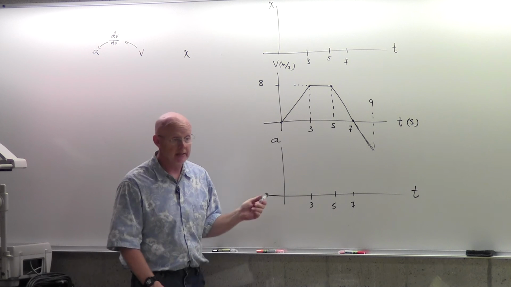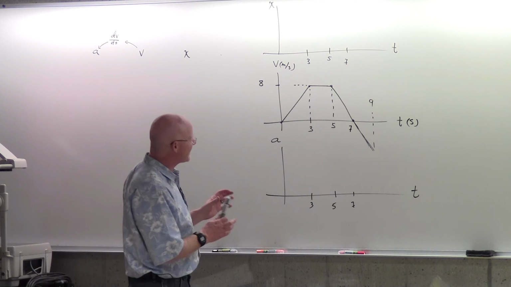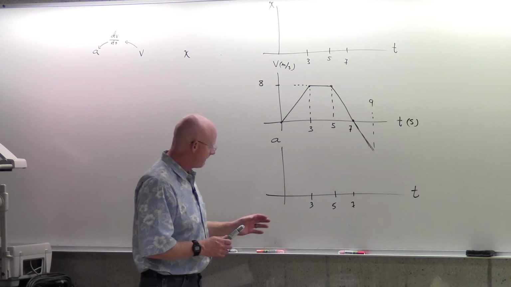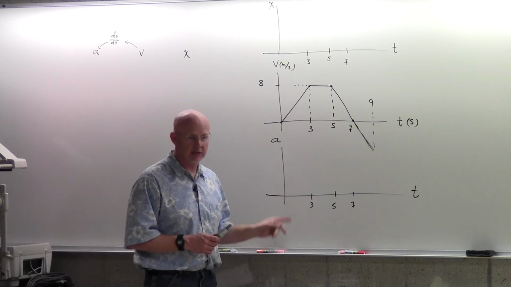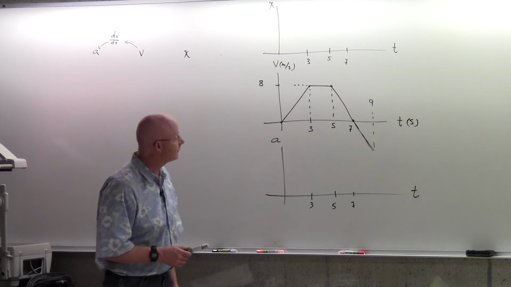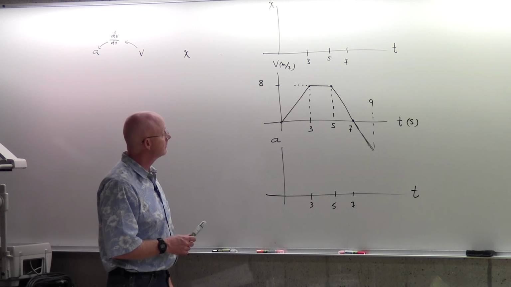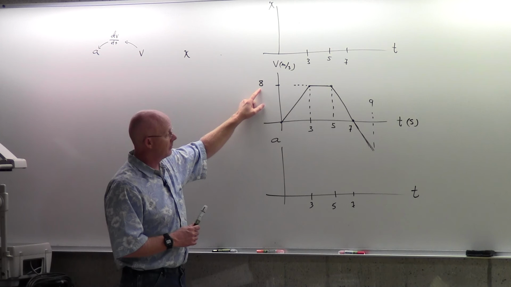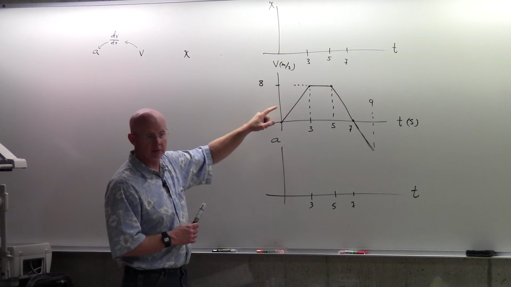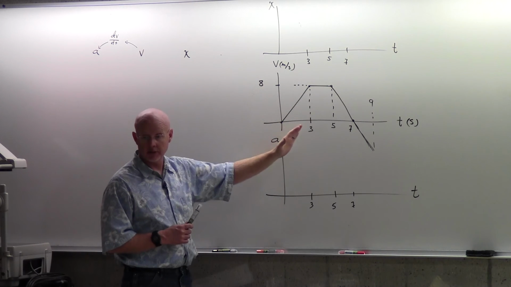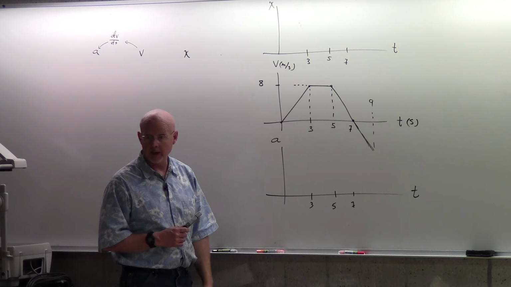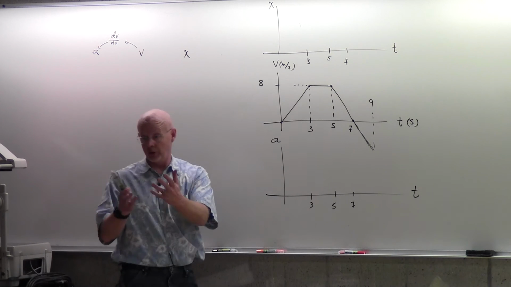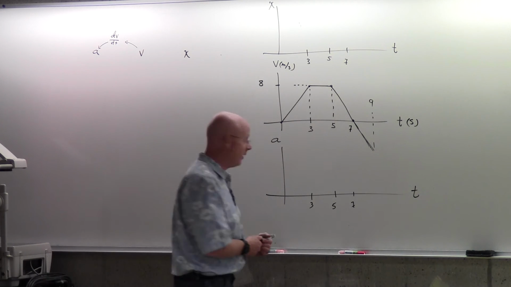I've already done it. And so what would the acceleration be for 0 to 3 seconds? Well, what's the slope of this? Rise is 8, run is 3, right? 8/3 or 2 2/3, however you want to phrase it here.